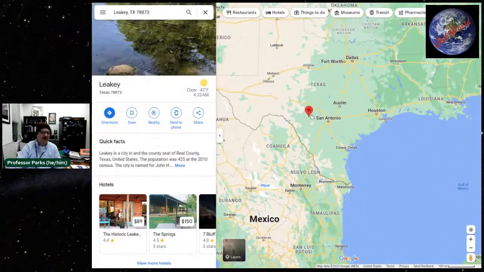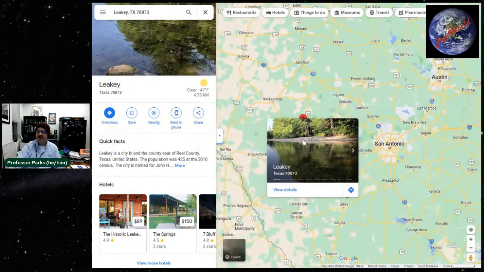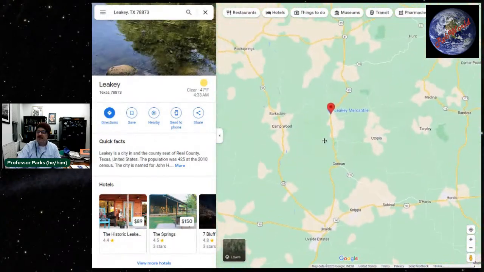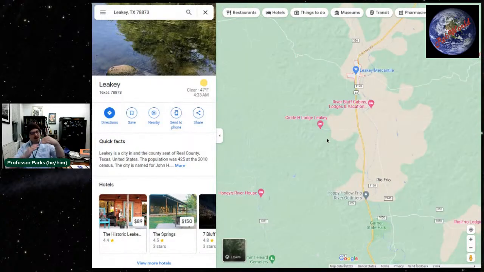This is the largest town that I have found that is close to the center lines for both the annular eclipse and the total eclipse.